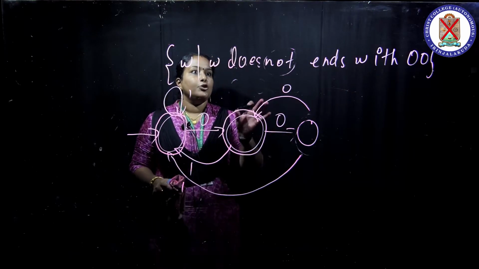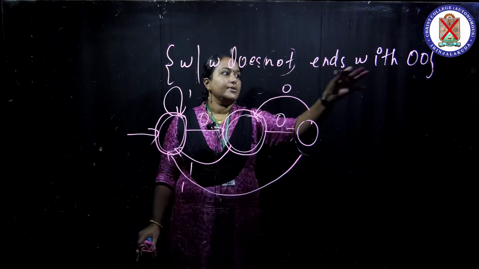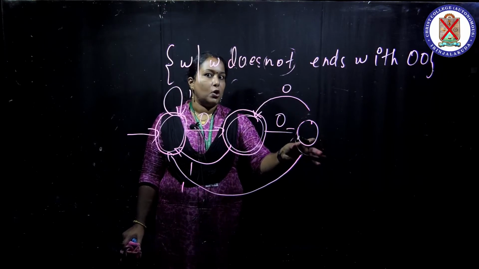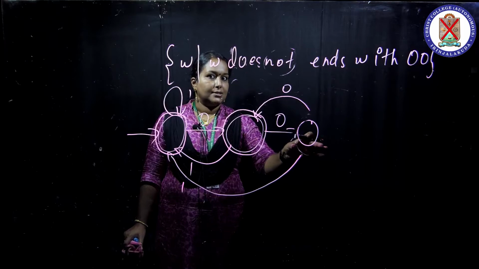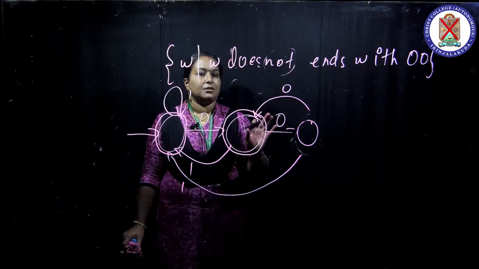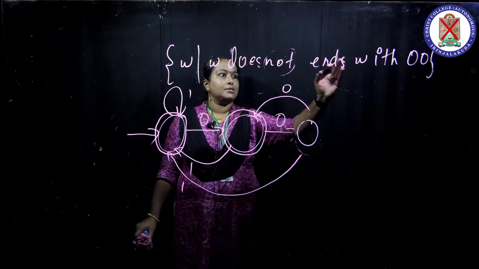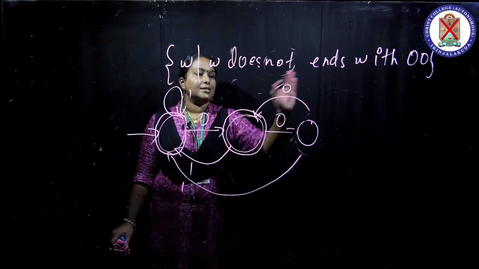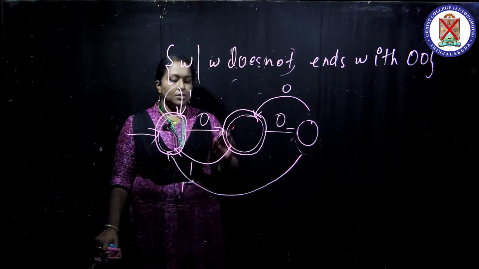Very simple. You first draw a DFA which ends with 00, and then mark the accepting state as non-accepting and the non-accepting states as accepting. This is the DFA for W such that W does not end with 00.